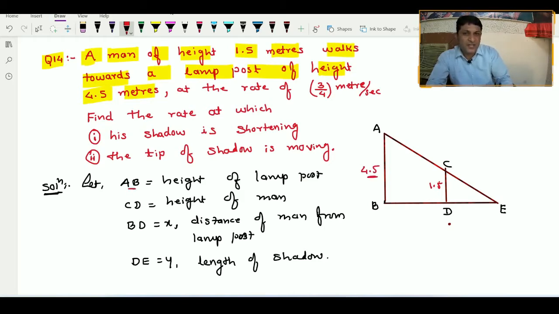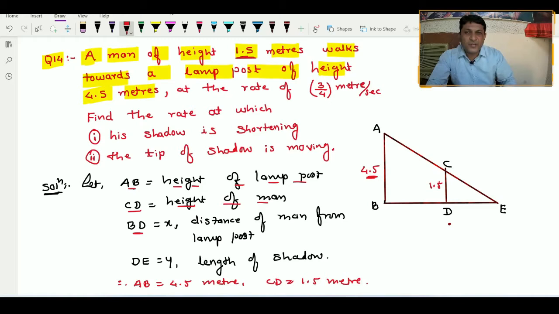So AB will be equal to 4.5 meter, it is given to us, and CD will be equal to 1.5 meter. So these are the given values.